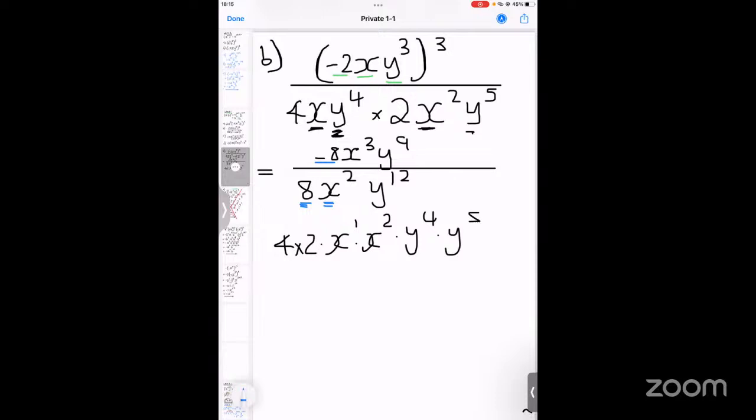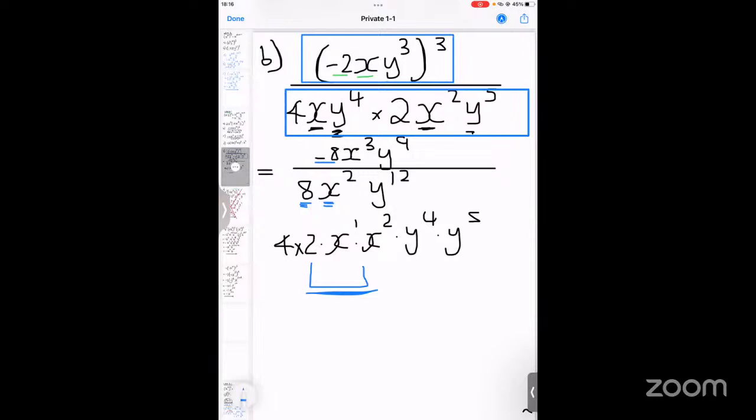So can you see? Every time you have that fraction, you work this one out as if you were given that alone. Then you do this one as if you were given that alone. Once you have a worked out numerator and a worked out denominator, check if you have the bases which are the same there and there.